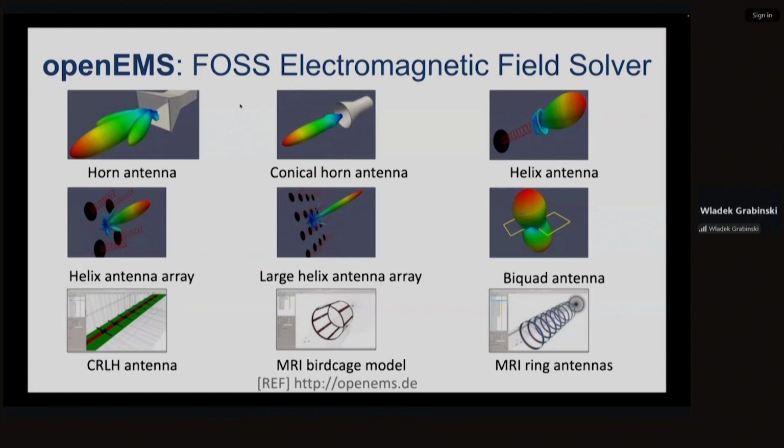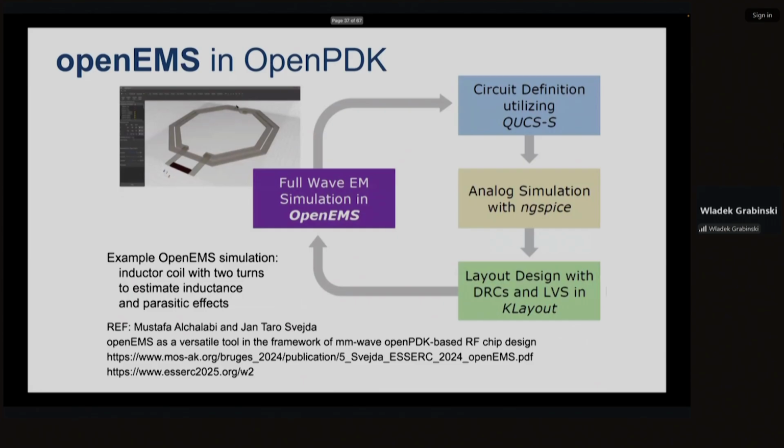Initially, OpenEMS was designed to analyze external antenna running complete 3D electromagnetic simulation. We adapted OpenEMS as a part of our PDK, and we have full integration here in this flow.